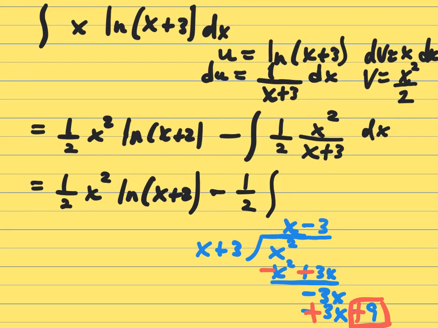So what does that give us? Back in the integral, that's x minus 3 quotient plus remainder over divisor. I'm going to move to another slide.